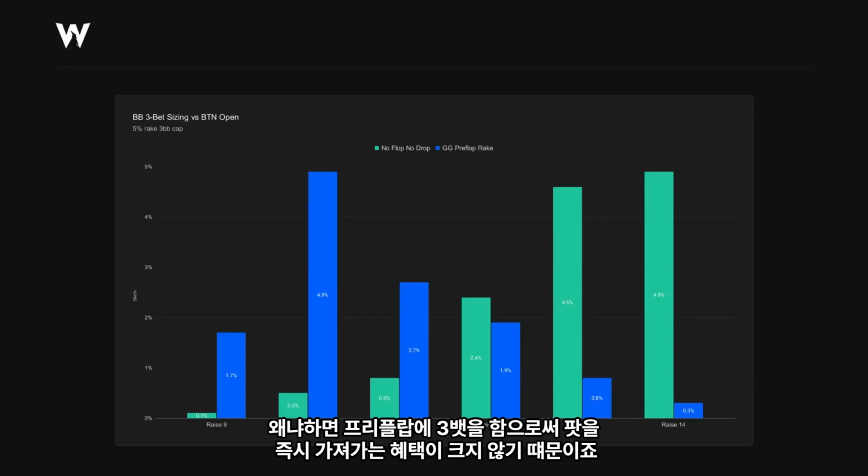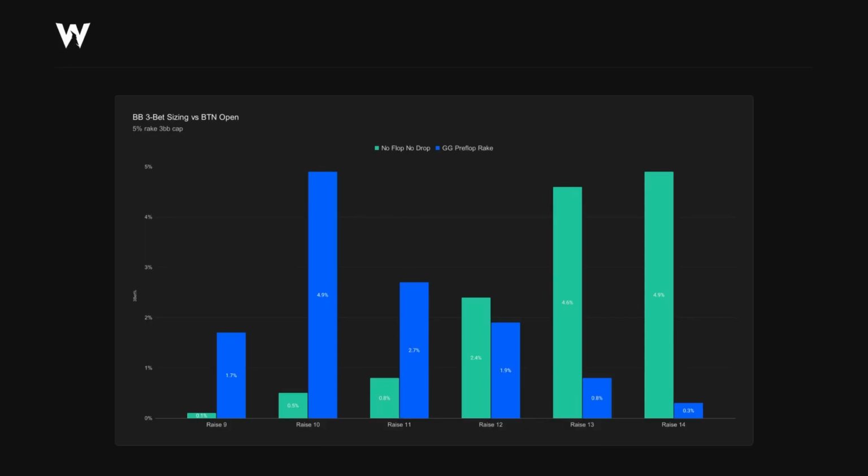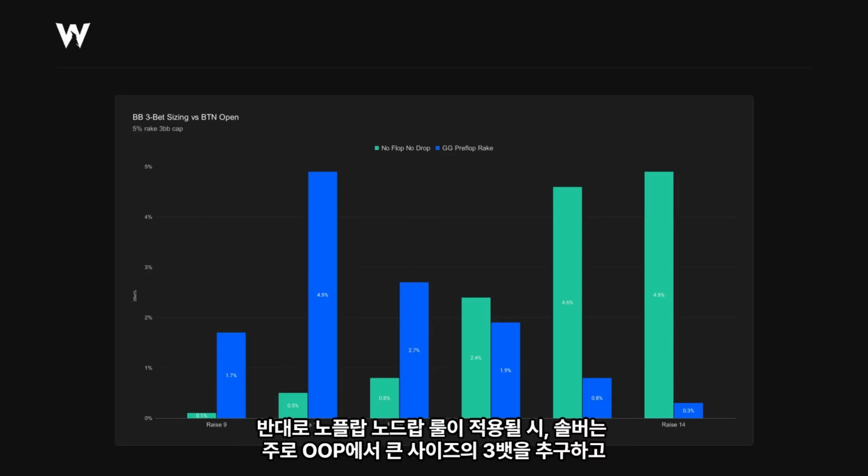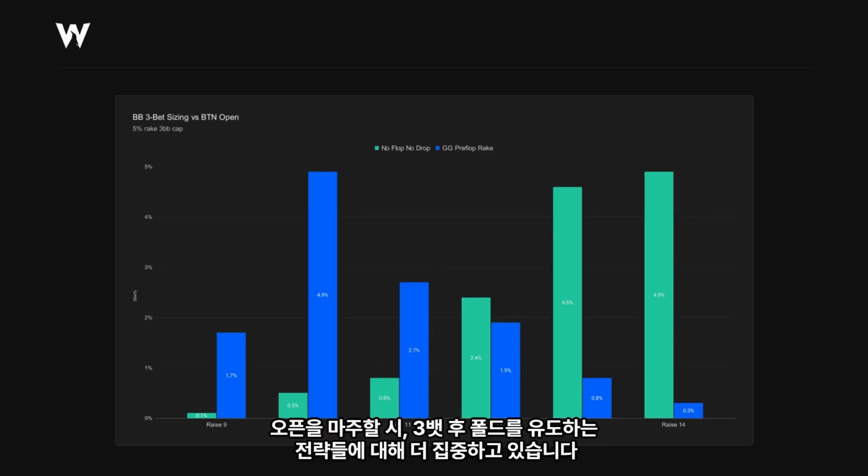And the reason is that there's simply less incentive to try and take it down pre through a 3-bet. And so therefore, they'll just call a bit more often as opposed to raise. Whereas with the no flop, no drop rule, the solvers will often prefer very large 3-bet sizings out of position and kind of maneuver their strategy in such a way that it's largely focused on 3-bet or fold strategies facing an open.